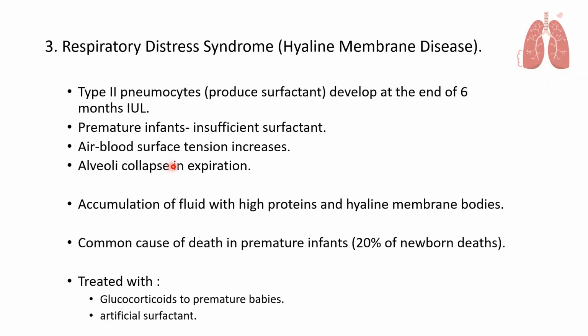So there will be increased tension at the air-blood surface and the alveoli will tend to collapse. Also, because of the lack of surfactant, there will be accumulation of fluid with high protein, forming hyaline membranes. That's why it's called hyaline membrane disease.